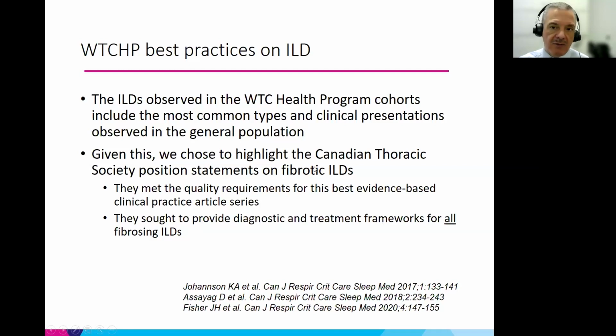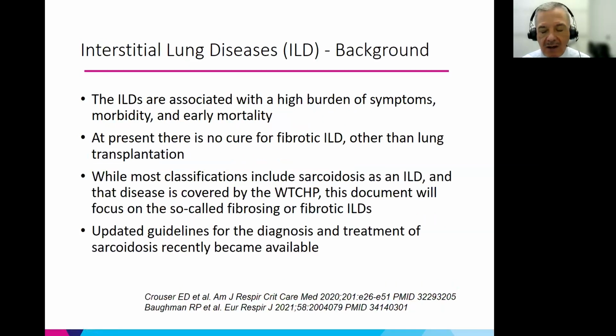We are not only concerned with sarcoidosis, we are concerned with all of them. So the Canadian Thoracic Society, through a series of 3 papers that were published in these years, did exactly that. And they also met the quality requirements that were recommended by NIOSH in this initiative.